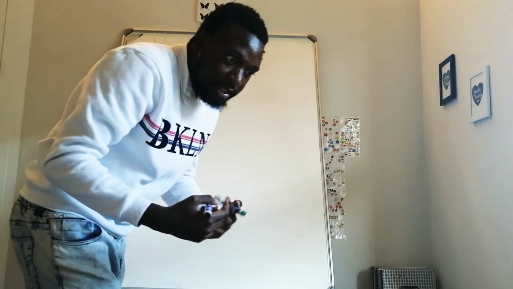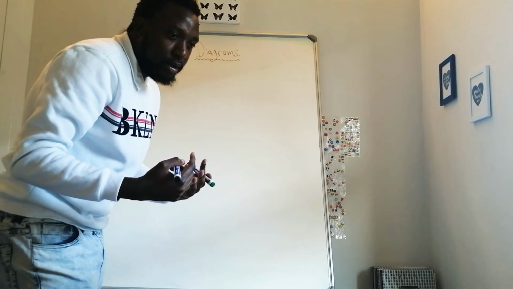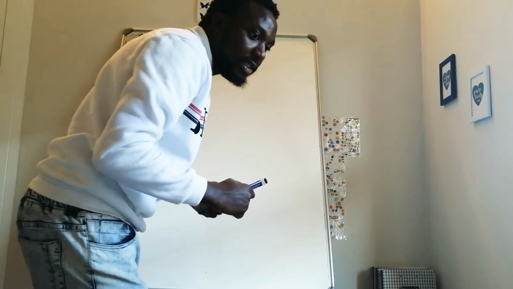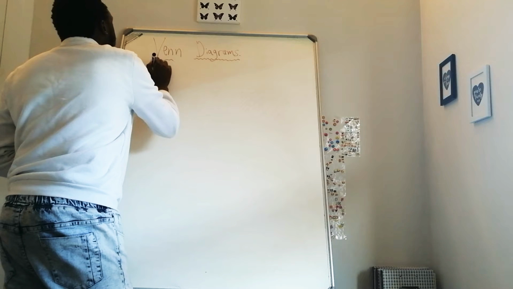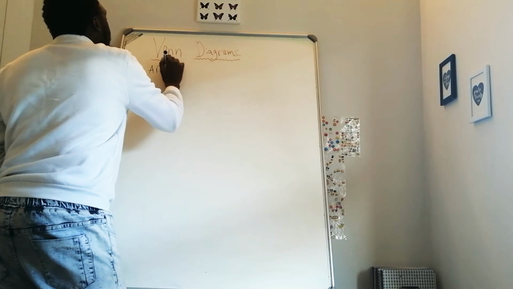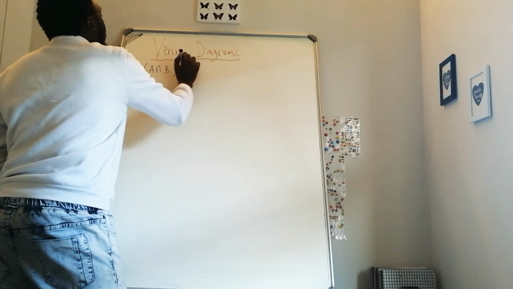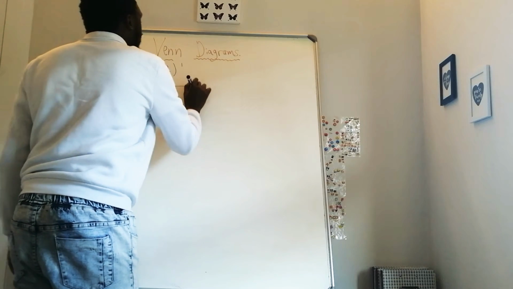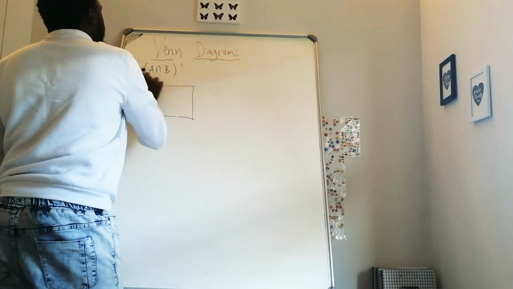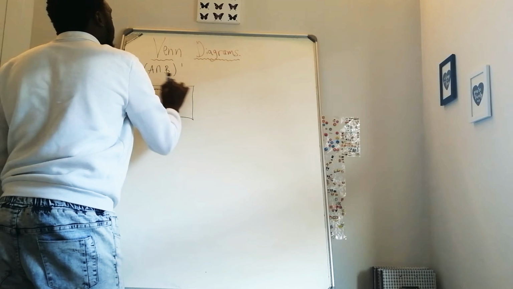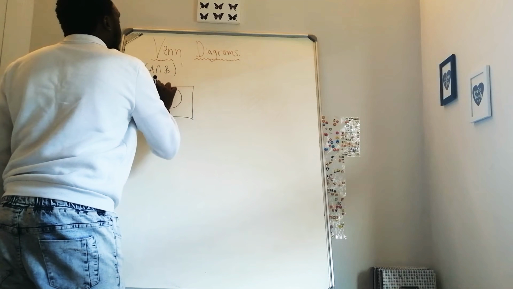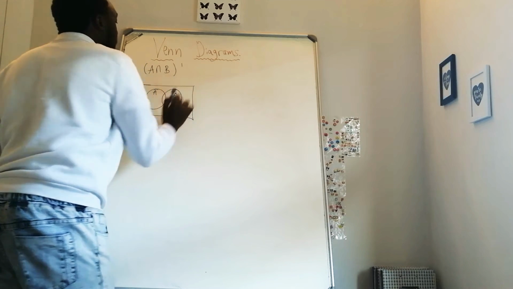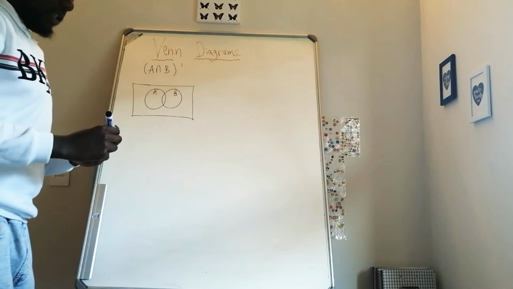Example 5 says they're looking for A intersecting B and the complement of that. A intersecting B and the complement of that. So this is quite simple. You could just draw the intersection of A and B. That's A, that's B. So where do A and B intersect?